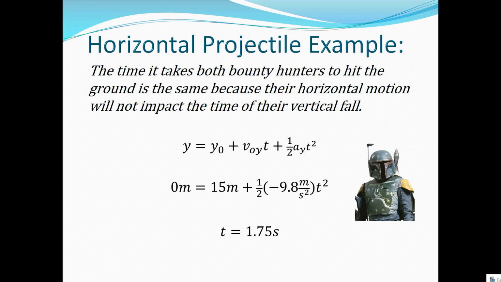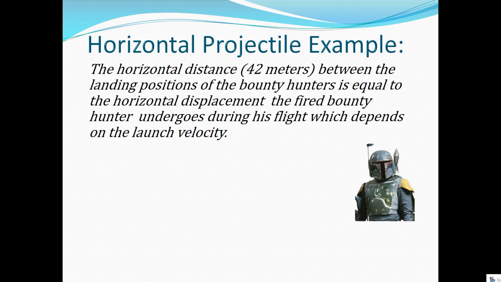Note that because you're subtracting 15 from 0, you get negative 15 on the left-hand side of your equation, which, with the negative 9.8 meters per second squared, allows us not to have to take the square root of a negative number. Once we have that 1.75 seconds, we can find the velocity.